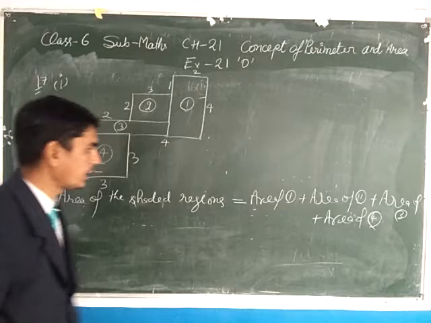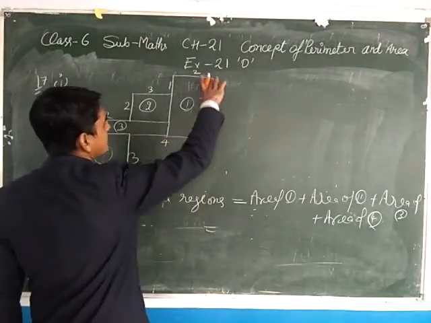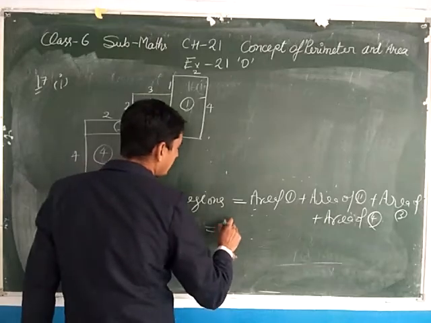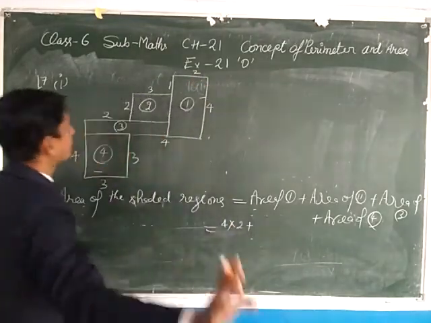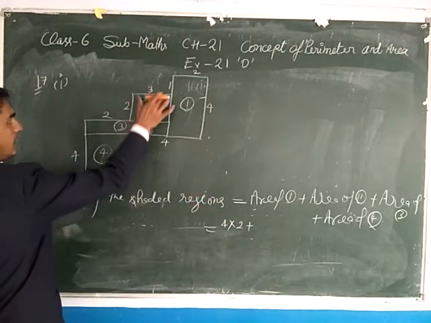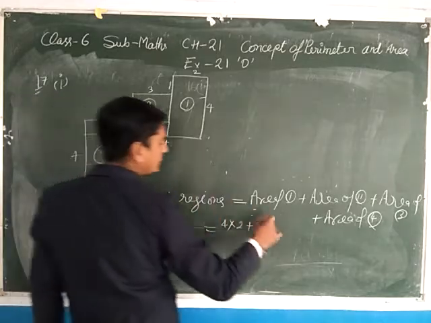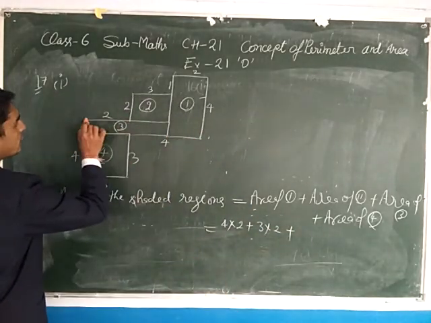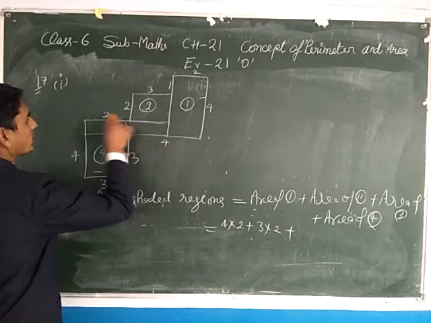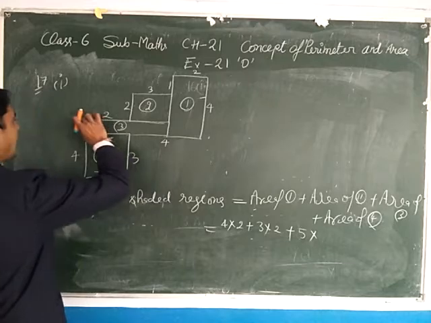Clear students? See, for the first rectangle, this is length 4 multiply breadth 2, plus. For the second, this is length 3 multiply breadth 2, plus. For this, 2 this and 3 this, so total is 5. So length is 5 multiply breadth.